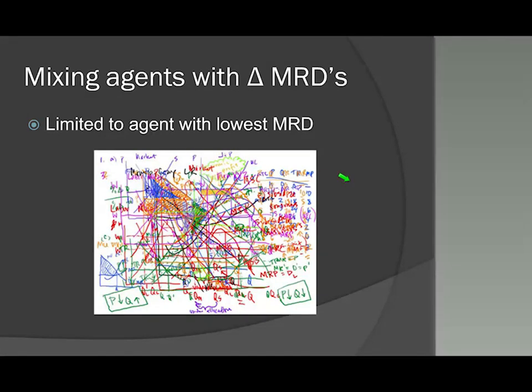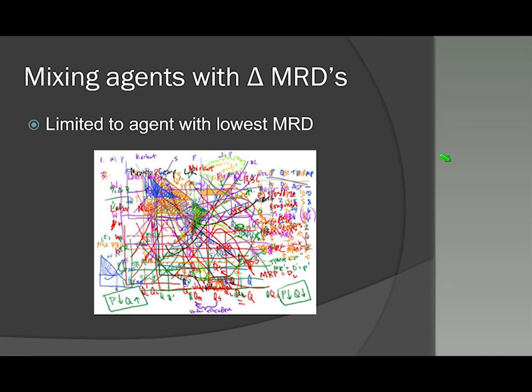So what happens when you mix agents? Well, there is a very sophisticated calculation that you can do, but generally the rule of thumb is you go to the agent with the lowest MRD. So that's to say if you had two drugs, local anesthetic A, and the maximum recommended dose that you determined for that patient was 10 cartridges, and then you decide you want to give a second agent, maybe for whatever reason.